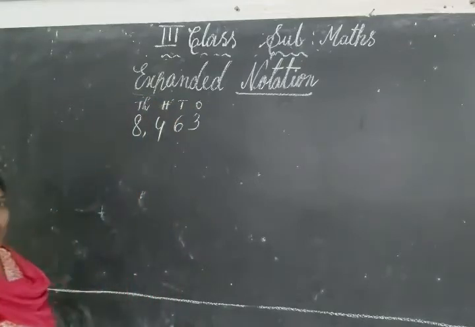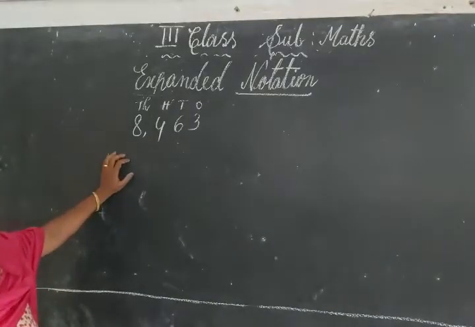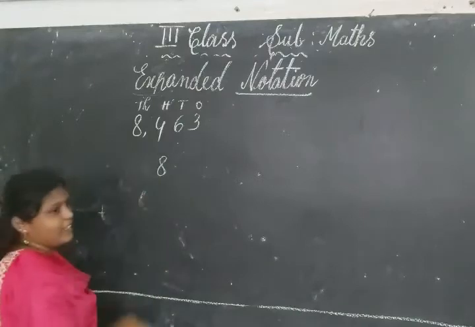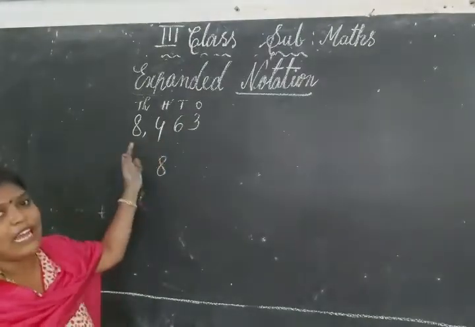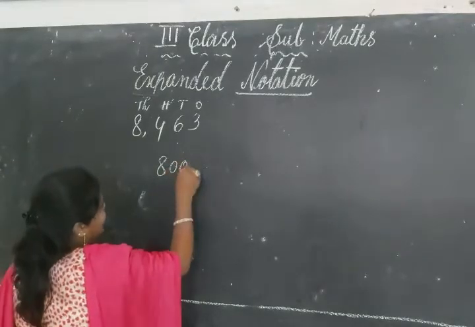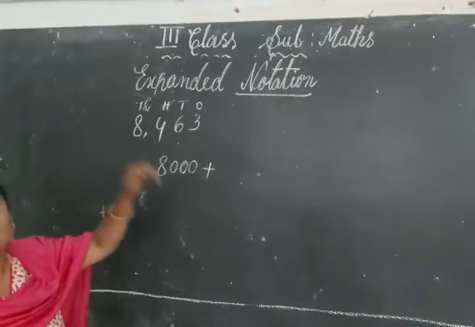So children, what is the first digit in this number? 8. So write 8. And how many digits can you see after 8? 3. So write 3 zeros, plus what is the second digit?